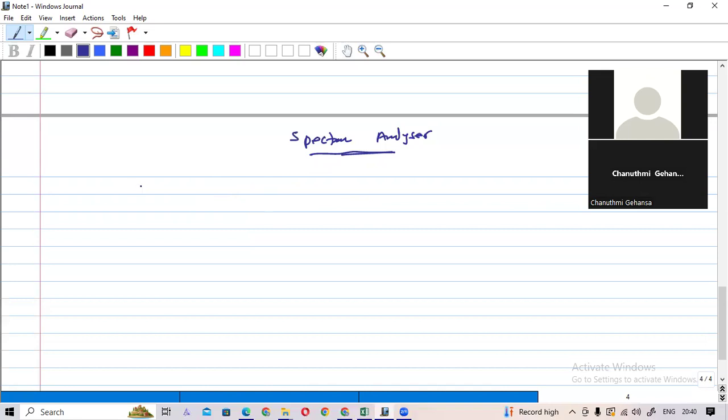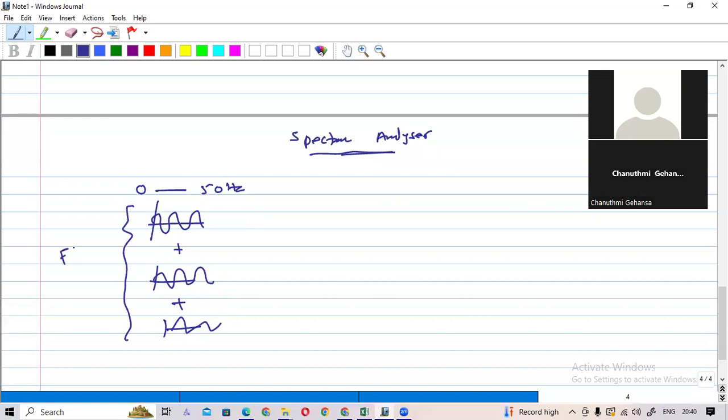Let's say we have a signal from 0 to 50 hertz or something. That means we have several sinusoidal signals combined. These sinusoidal components you can find using Fourier series or Fourier analysis, the Fourier series representation or Fourier transform. You can find these frequency components.